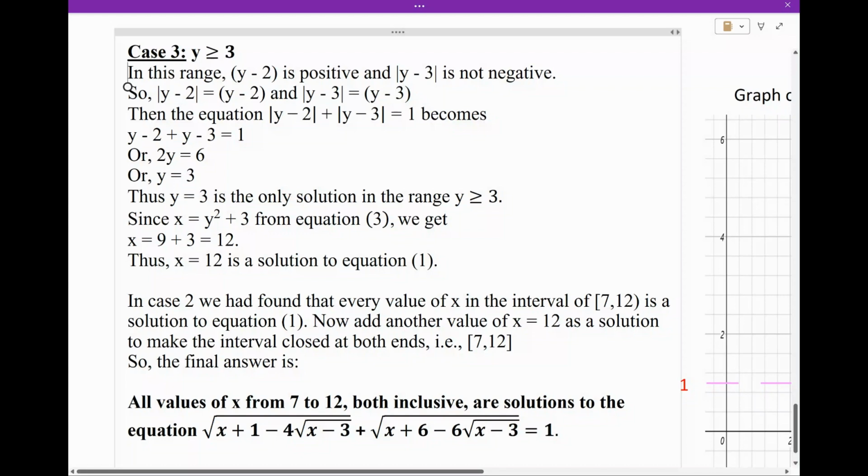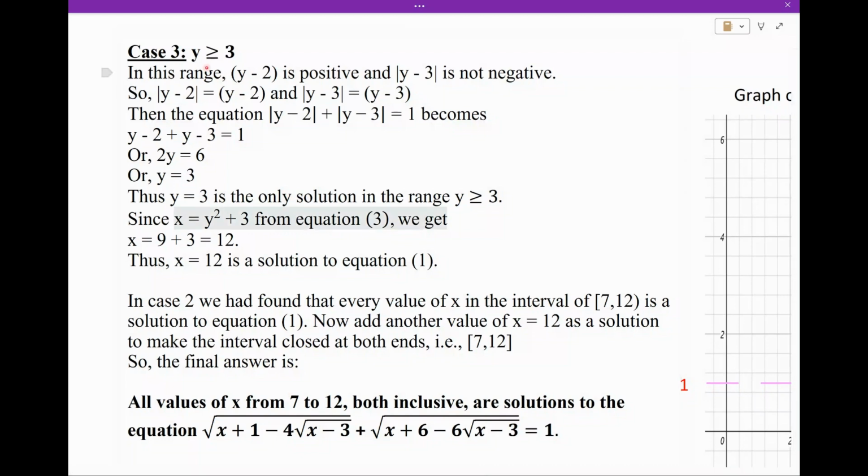Case 3, that is y is greater than or equal to 3. In this range, y minus 2 is positive and y minus 3 is not negative. So the magnitude of y minus 2 is equal to y minus 2, and the magnitude of y minus 3 is equal to y minus 3.